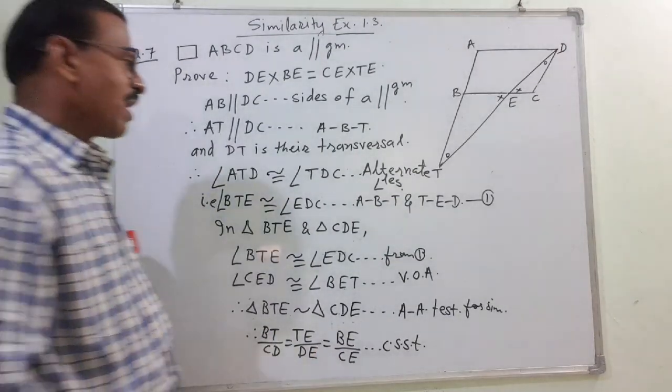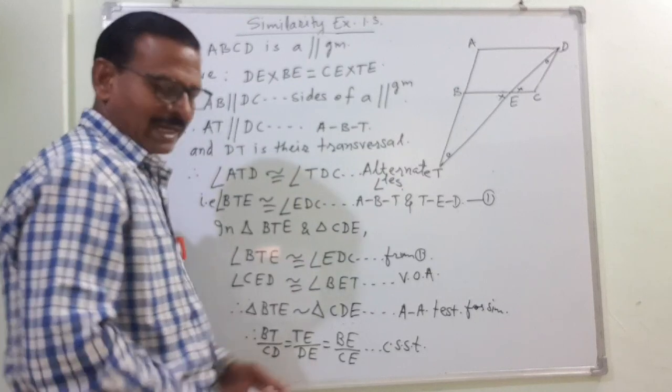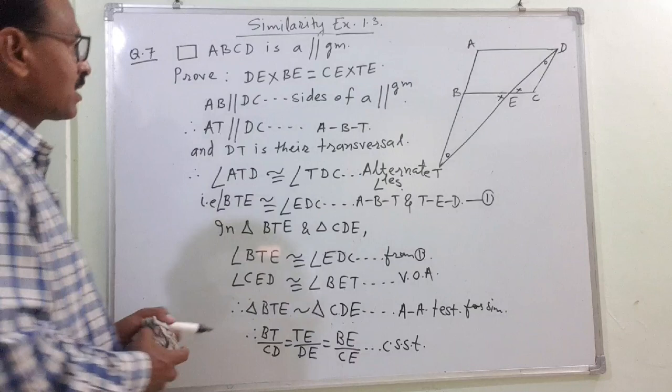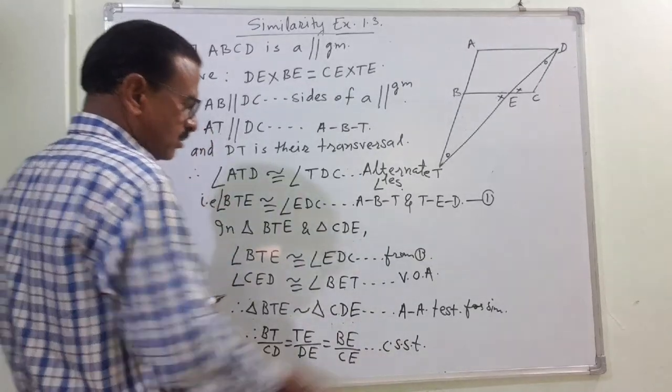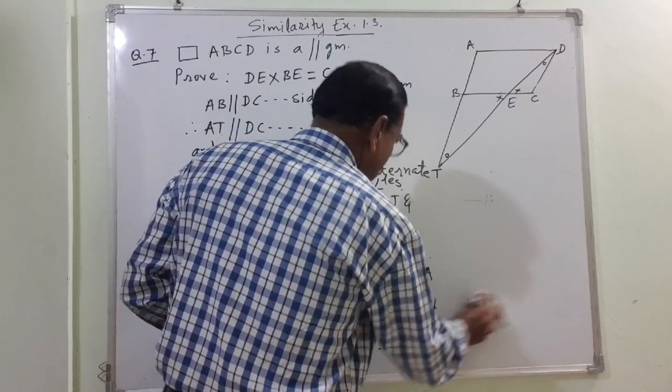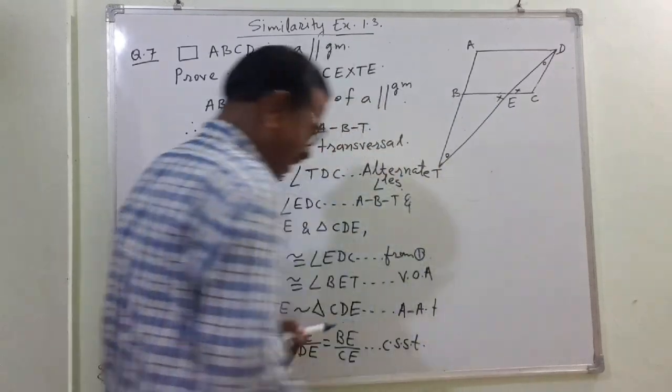The reason is corresponding sides of similar triangles are in proportion. Out of that, what I want I will write. Now I will see what the proof needs. This much part, I will make some place over here to write the next remaining thing.